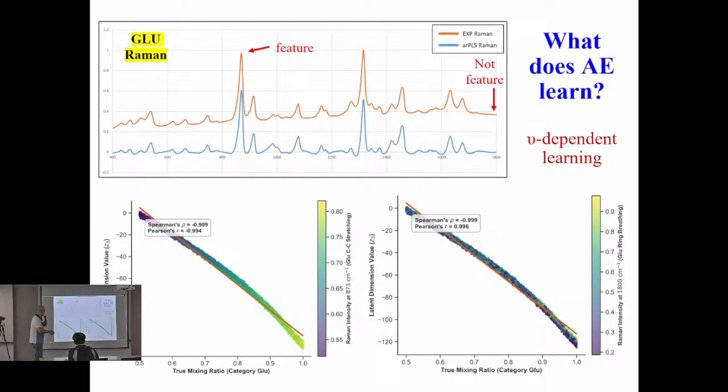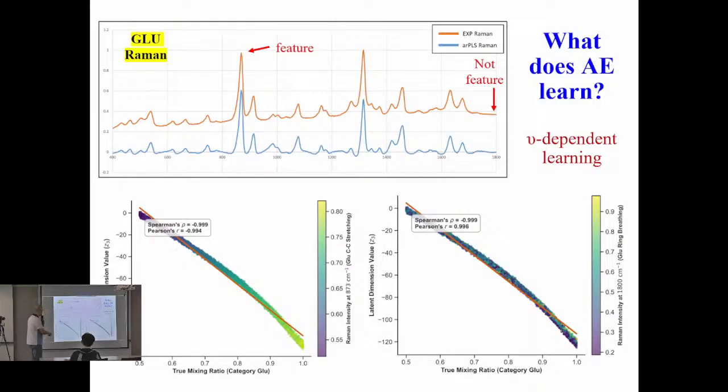And if you color this data set with the intensity of this region, the 573 wave number, this peak area, you can see the linear distribution here has a very clear signal.